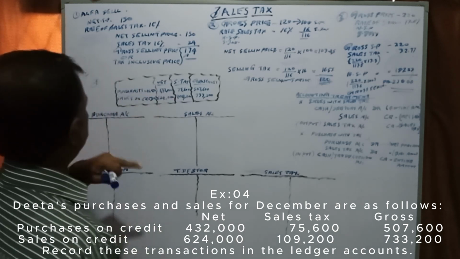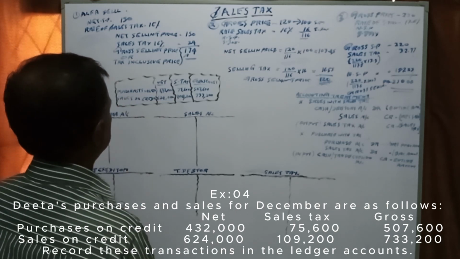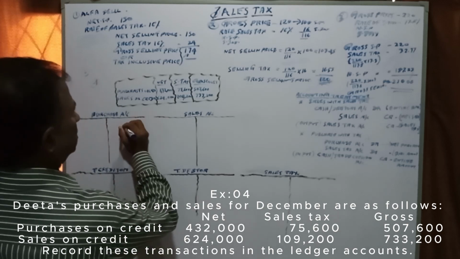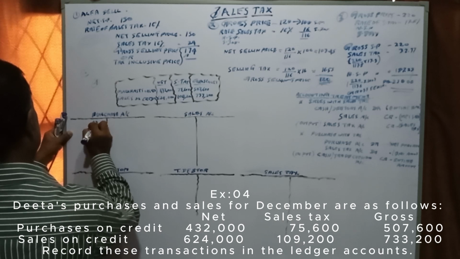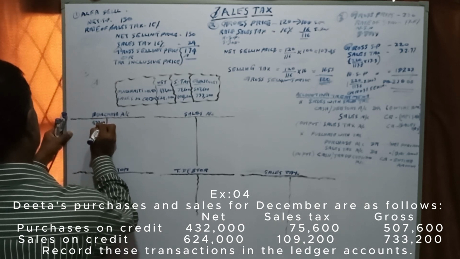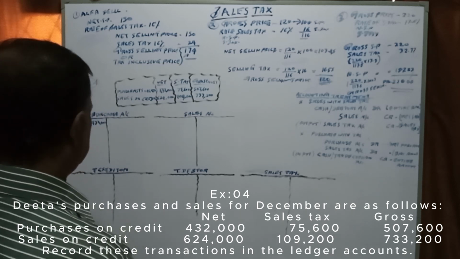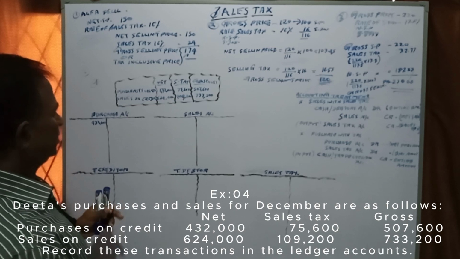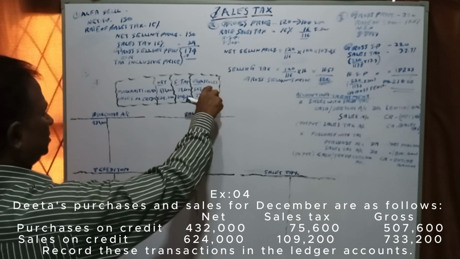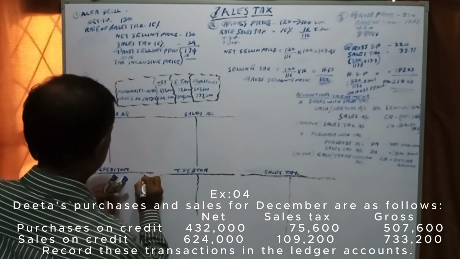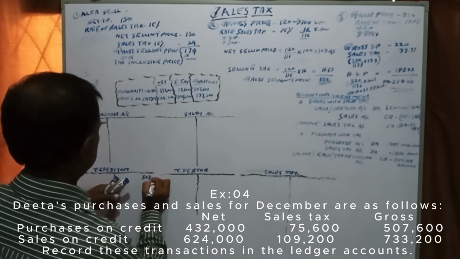Purchases net amount 432,000, right? 432,000 is the net amount. We had to put 432,000 as debit, and credit to creditors, right? Gross amount has to be credited. Purchase account, gross amount credited 507,600.